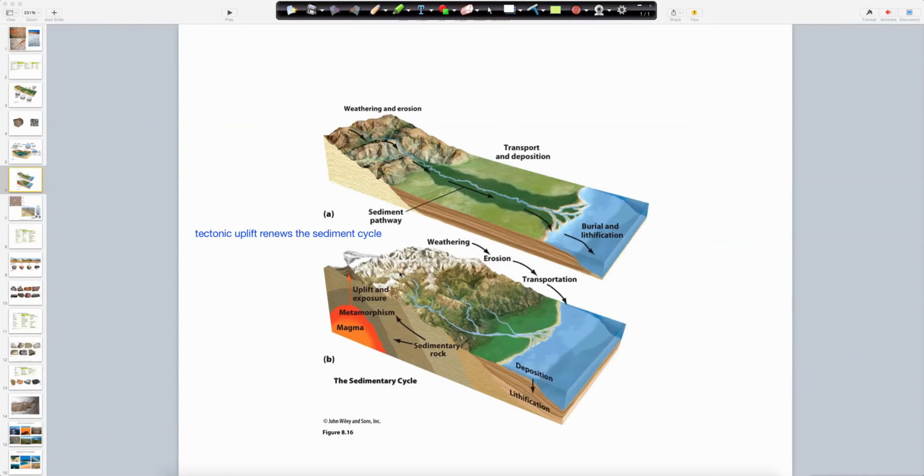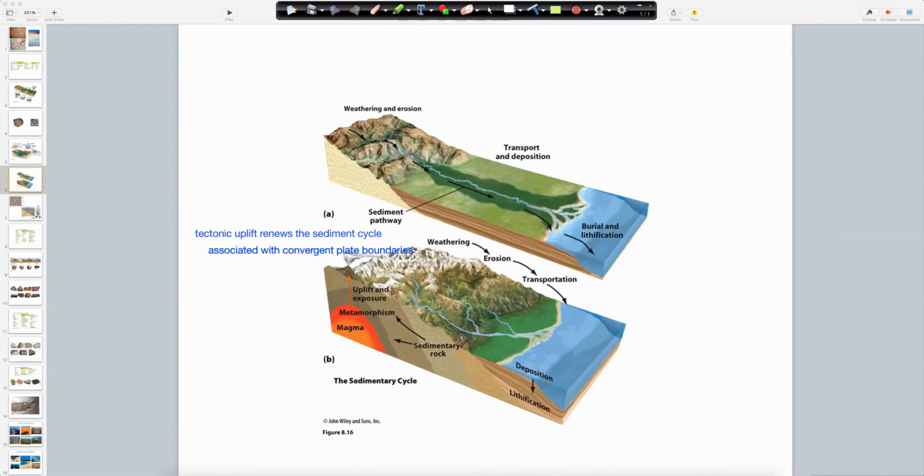It's providing a new source of sediment. And the tectonic uplift is associated with convergent plate boundaries. At convergent plate boundaries, you have volcanic arcs, volcanic island arcs, and or mountains being built. So that's going to produce uplift and create your mountain belts for you.